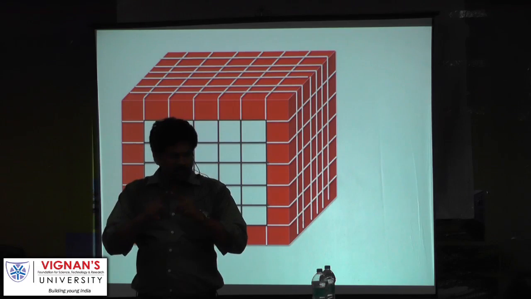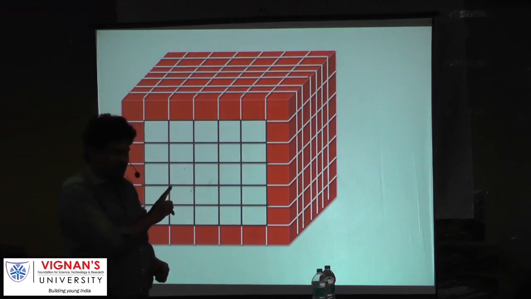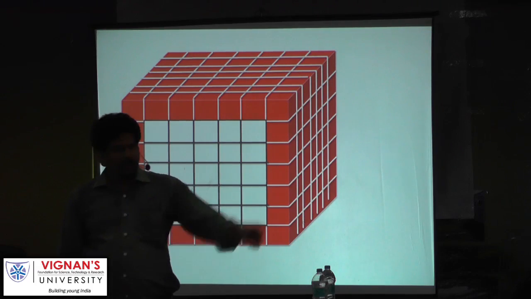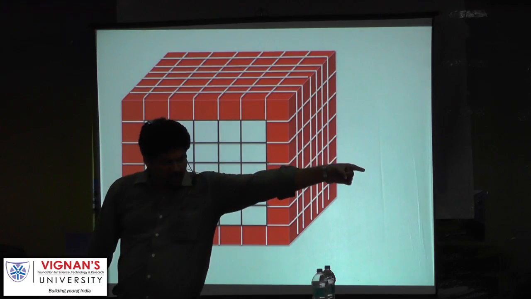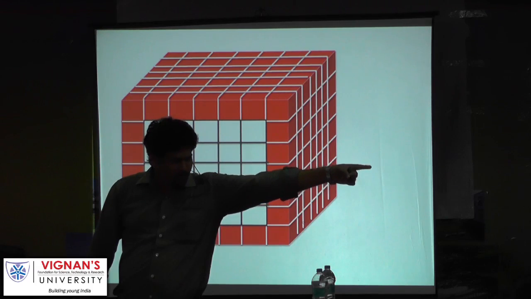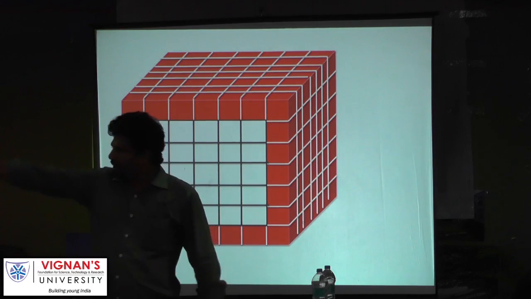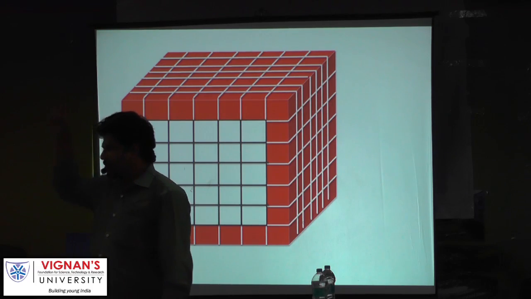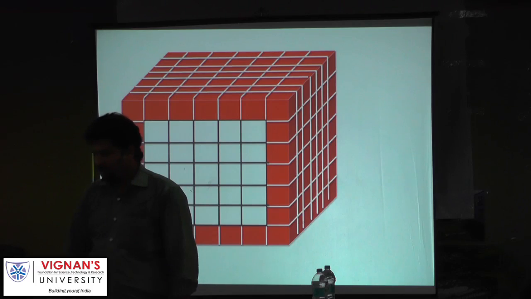So 5 cubes in this dimension, 5 in this dimension, 5 in this dimension. Now what are we doing? We are adding 1 layer of cubes on each surface in order to cover the cube: 1 layer on that surface, 1 layer on this surface, 1 layer here, top 1 layer and bottom 1 more layer.